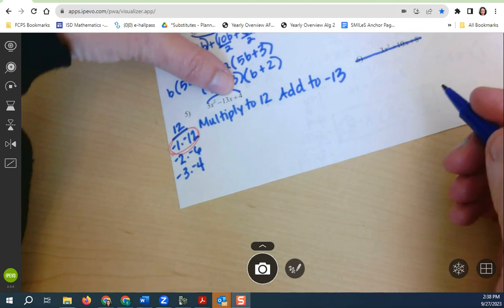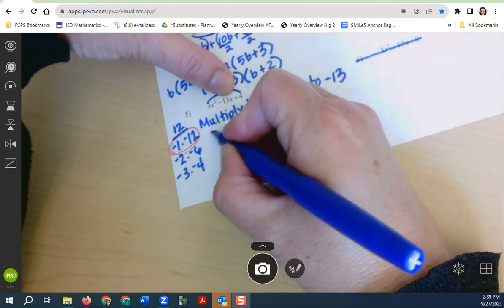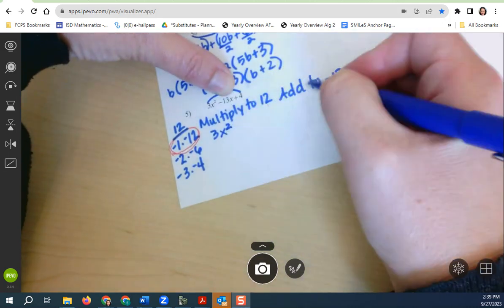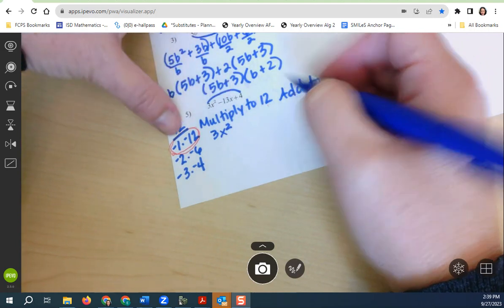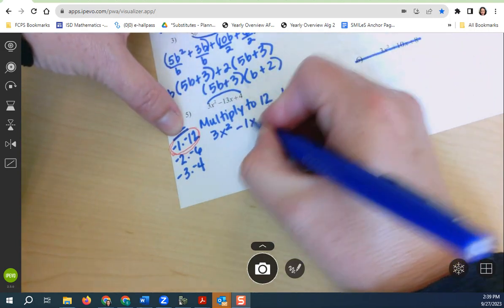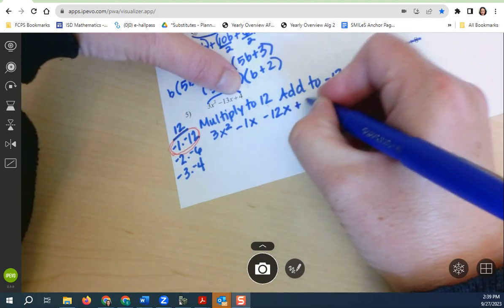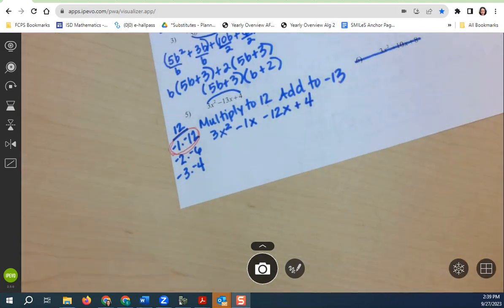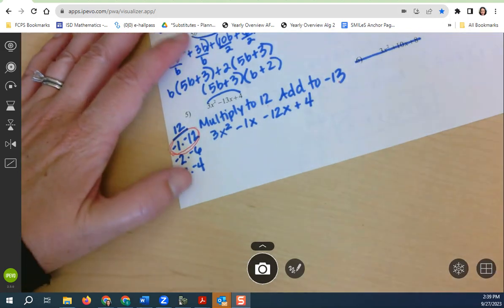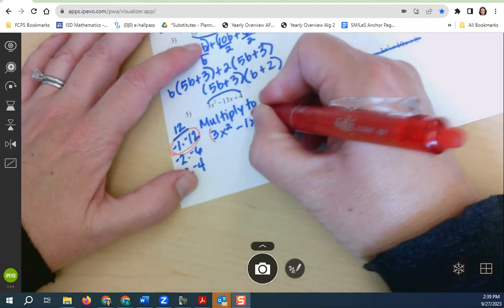All right, so you split up your middle term. Bring down the 3x squared. Instead of negative 13x, you can have a negative 1x and a negative 12x. And then bring down the plus 4. We put parentheses on the first 2 and on the last 2.